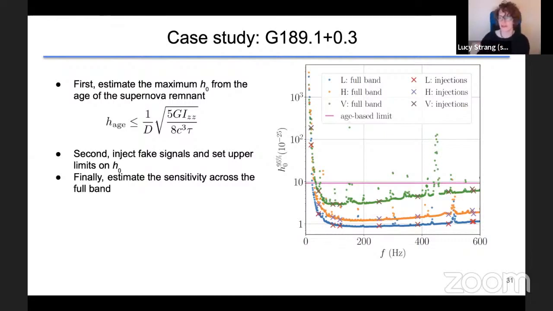We have the limits for both the LIGO detectors, Livingston and Hanford, signified by L and H. And we also have the Virgo detector, that's the one I think based in Italy, labeled with the V. And then to get the sensitivity in the full band, instead of melting a supercomputer trying to do it across that full frequency range, we actually just infer based on the LIGO noise curve.